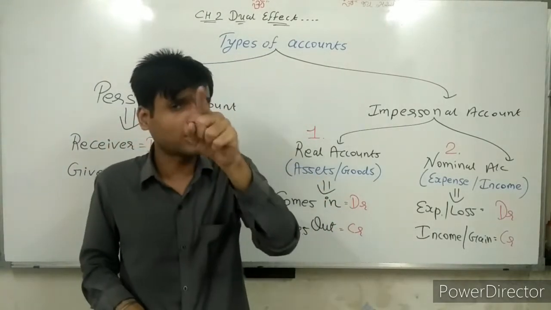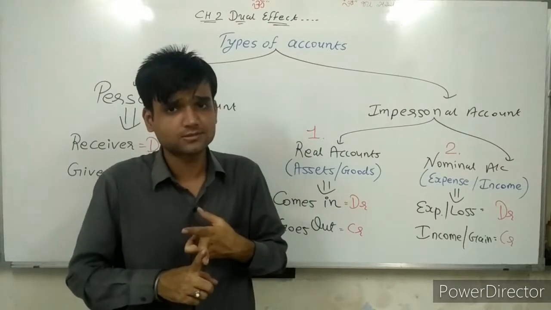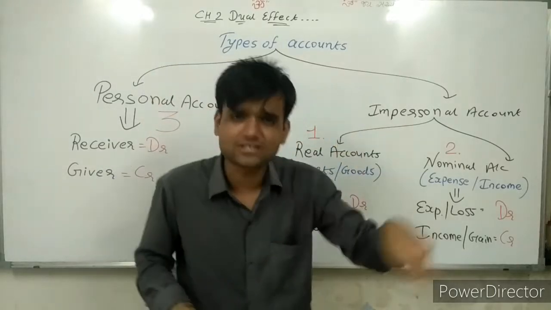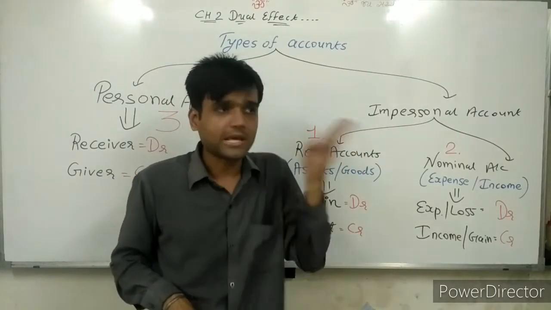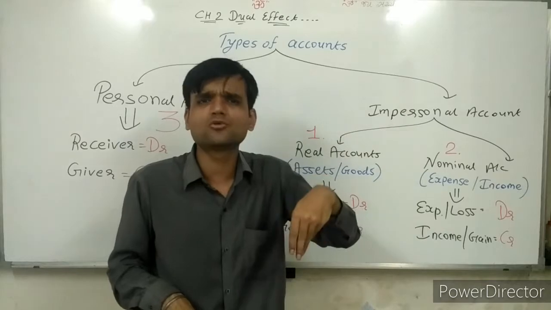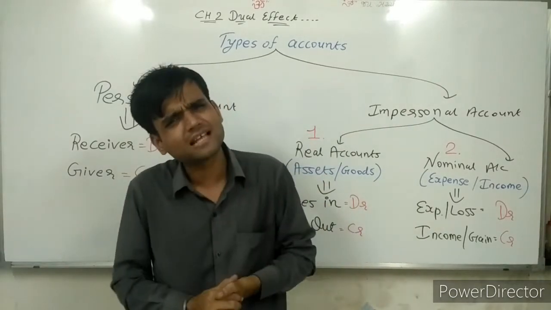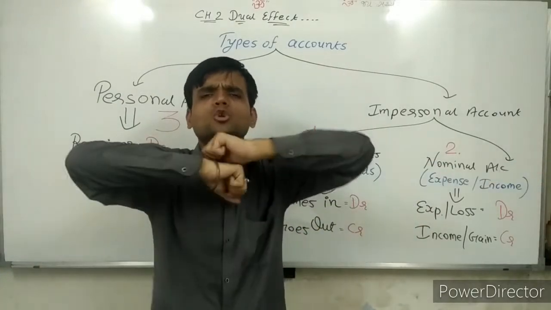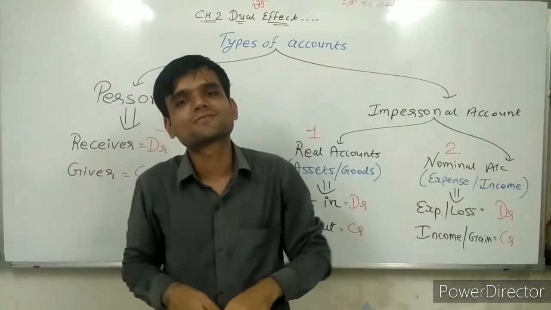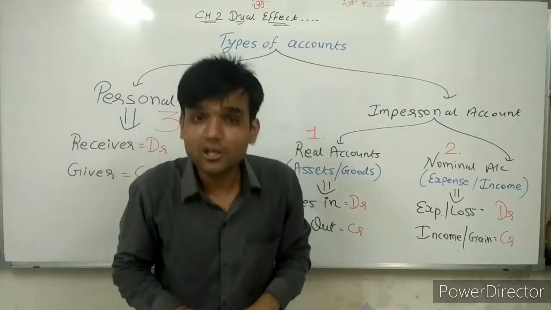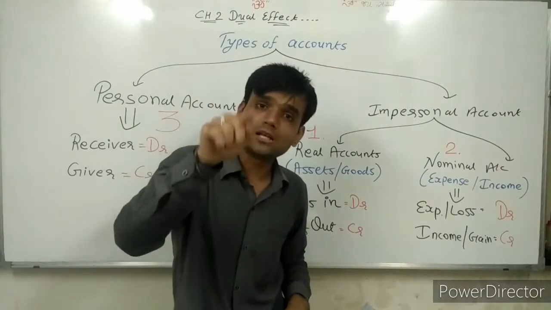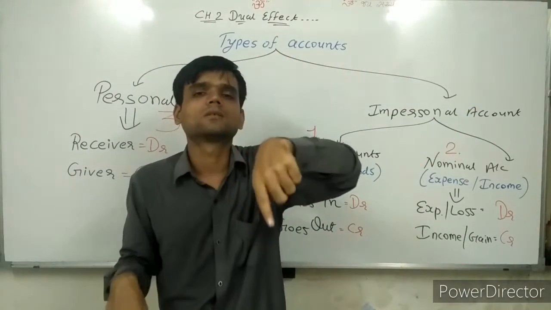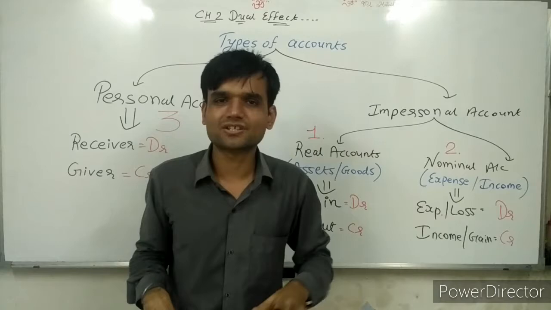And for that you need knowledge about cash transactions and credit transactions. That is also an important one. When can we say it is a cash transaction? If cash, returned, paid, received, this information is given, it means cash transaction. If nothing is given, no cash information, no person information, then also it is cash. If nothing is given about cash and personal information is given, then it's a credit transaction.